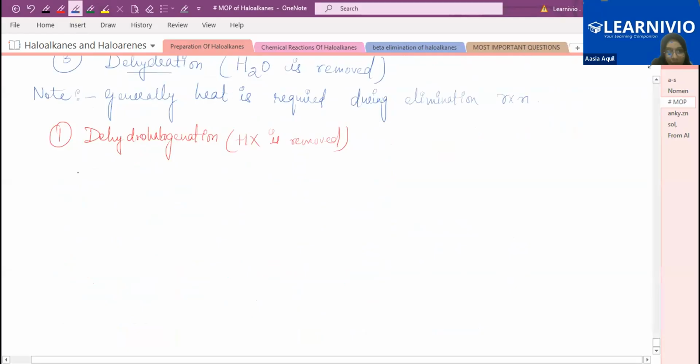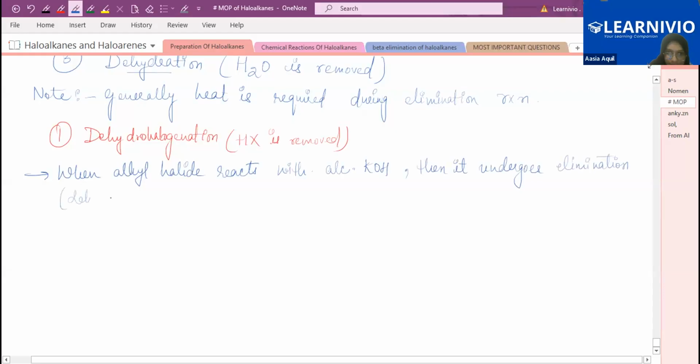So write down, when alkyl halide reacts with alcoholic KOH, potassium hydroxide, then it undergoes elimination reaction. Elimination means dehydrohalogenation here.